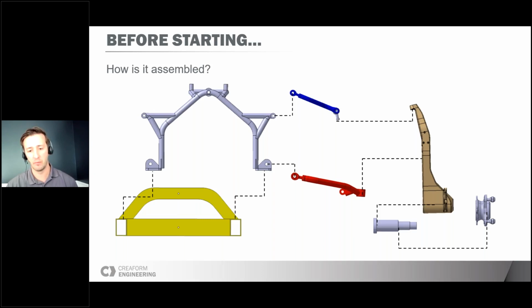Starting from there, we'll install, let's say, the red arm, the lower arm, onto the subframe on the lower point, and then we'll install on it at the ball joint the knuckle, which is the kind of brown part on the right side. Once you're there, the knuckle is kind of located, but it needs to be oriented. It needs to be locked down in rotation.